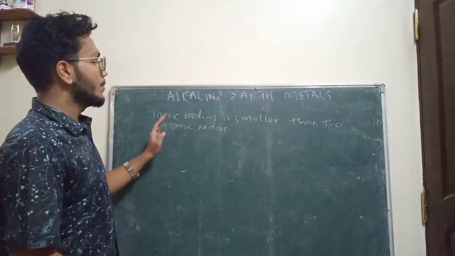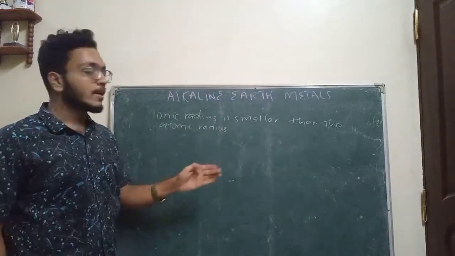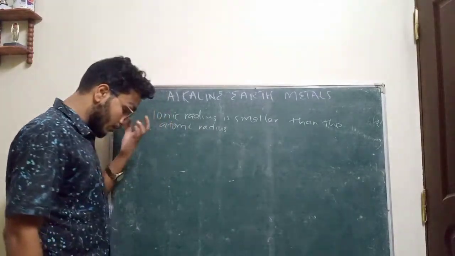So a magnesium ion has less energy levels than a magnesium atom. Hence it has a smaller radius.